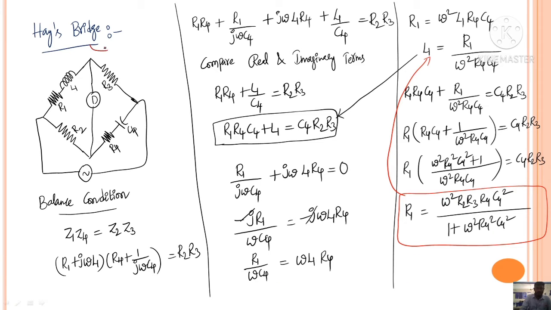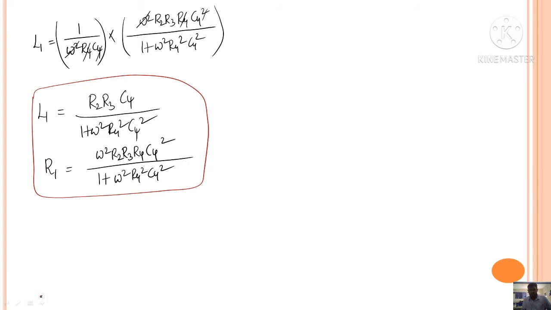Okay, so Hayes bridge can also be called modified Maxwell's bridge. Modified Maxwell's bridge is nothing but Hayes bridge. Hay is the name of the scientist who invented this bridge, who gave the idea of this bridge.